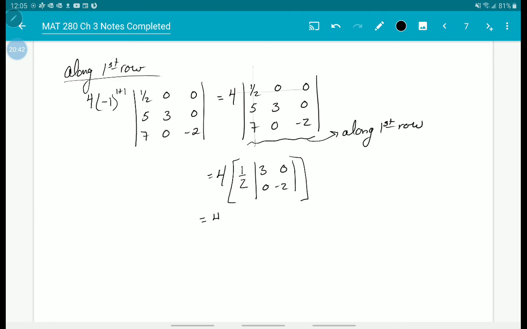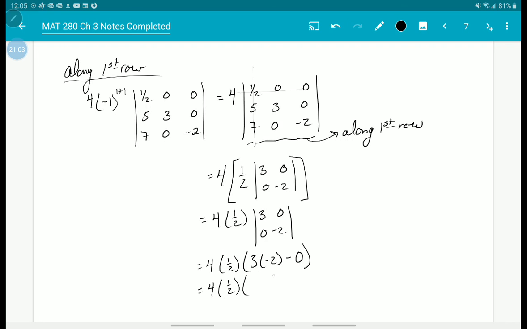So we have 4 times 1/2 times this determinant. And that determinant is going to be 3 times negative 2 minus 0 times 0, which is 0. So we have 4 times 1/2. This number minus 0 is just going to be that number.